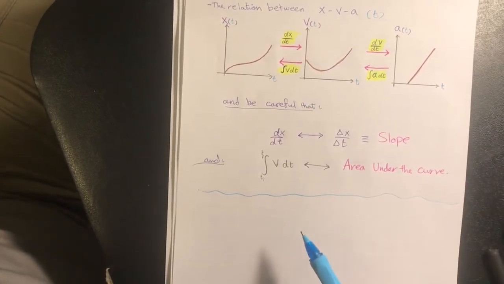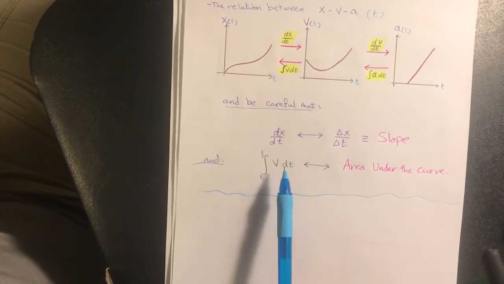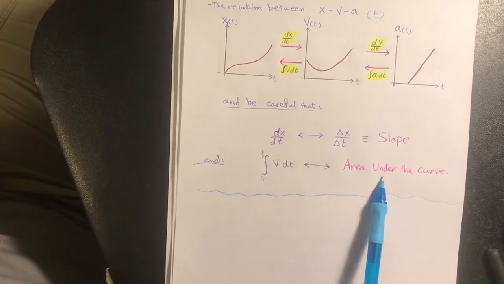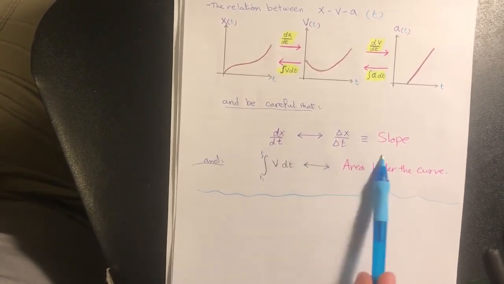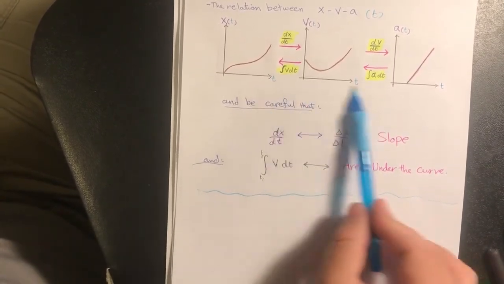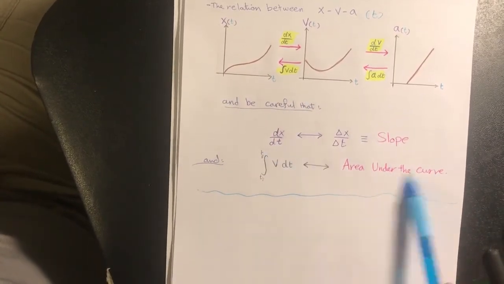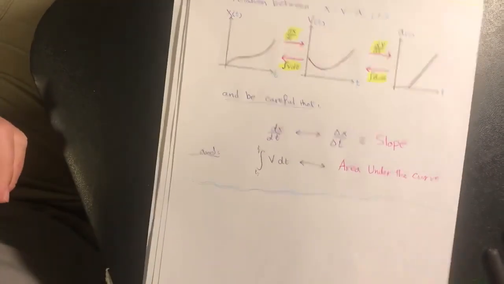And the integration for a function is the area under the curve. So these two ideas are important. You will see these curves and this definition in the lab section.